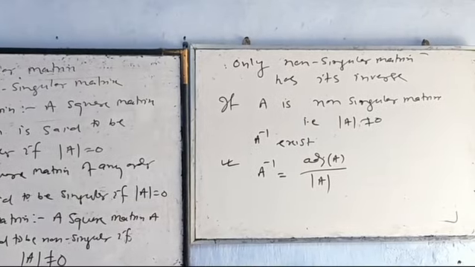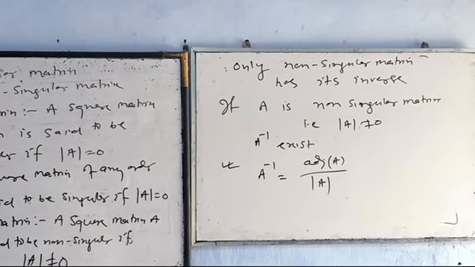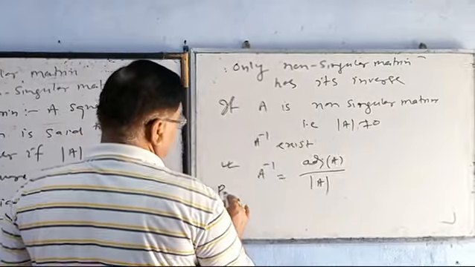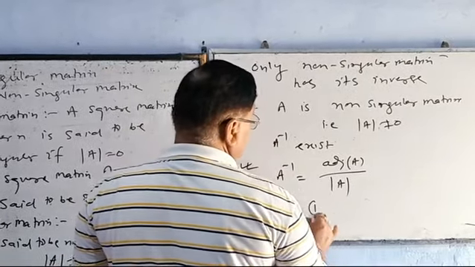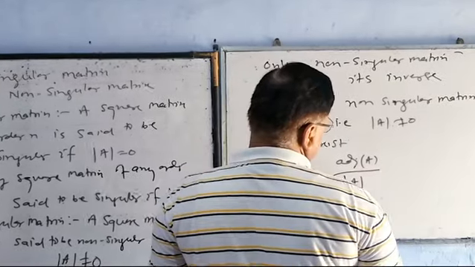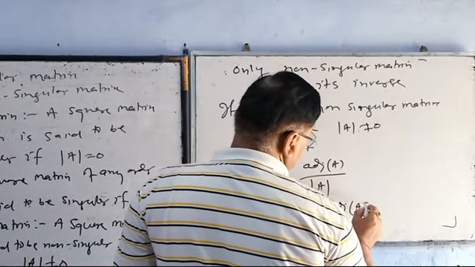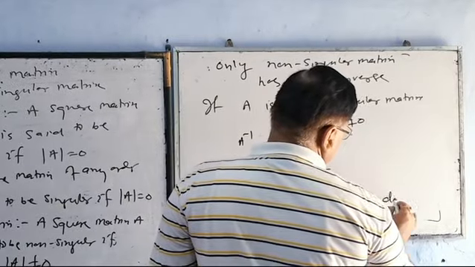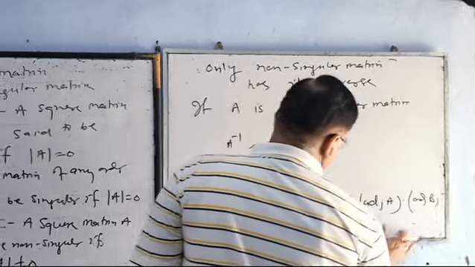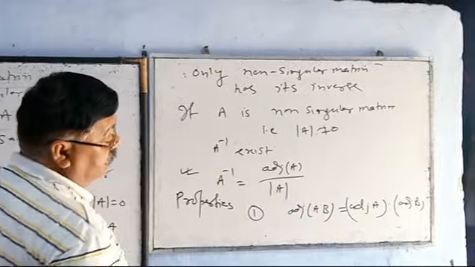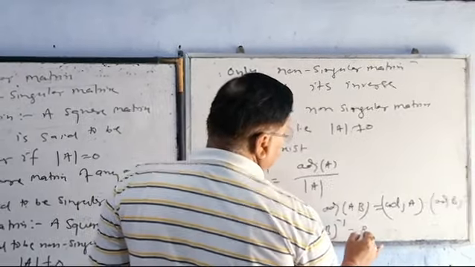Now, student, there are some properties of inverse and adjoint matrices. The first one: adjoint of AB is equal to adjoint A into adjoint B. Second, inverse of AB is equal to B inverse into A inverse.